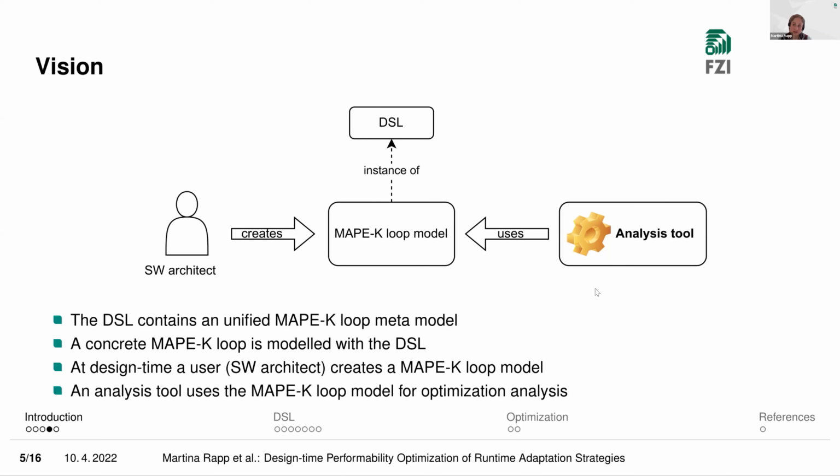This model can then be used as input to an analysis tool that carries out the actual optimization of the adaptation strategy. In the next slides, we will look more closely at the requirements and challenges for such a DSL and its meta model, and also at the optimization approach.